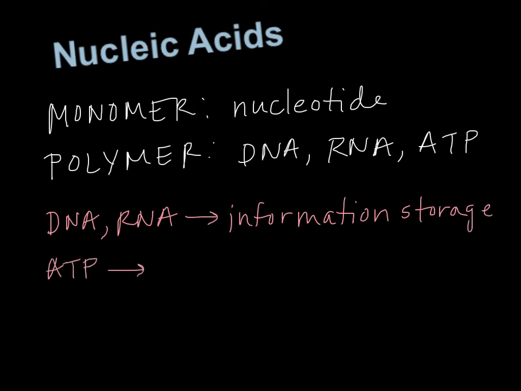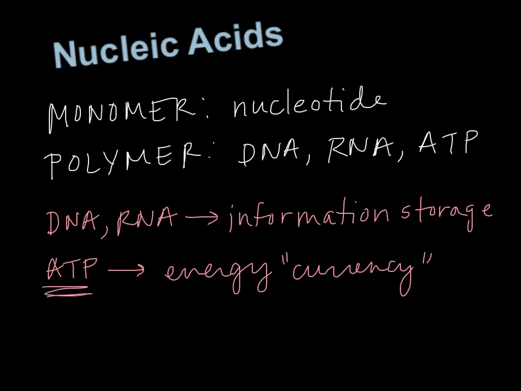This is our source of energy. Sometimes it's called the energy currency. This is what the body spends when it needs energy. So remember when we talked about cellular respiration, we said that you take oxygen and glucose and you add those together to make carbon dioxide, water, and then the main product, ATP. So that ATP that's made is a type of nucleic acid used for energy.